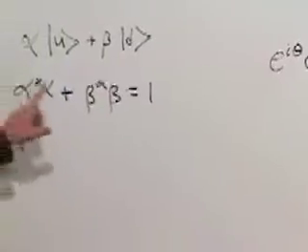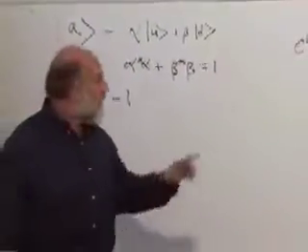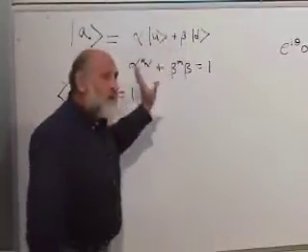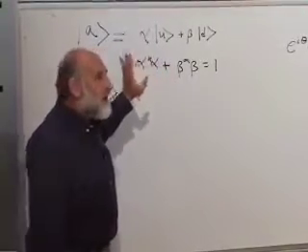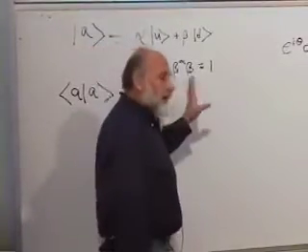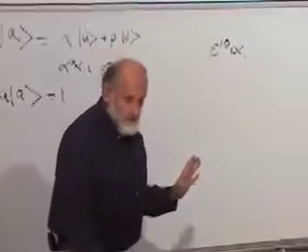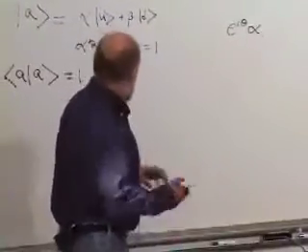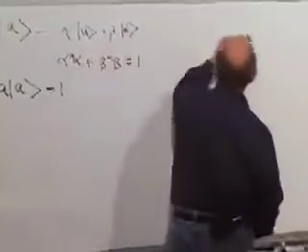And so knowing the probabilities is not enough to completely determine what these coefficients are. So there's more information in these coefficients than just the probabilities. And we're going to find out what that additional information is.